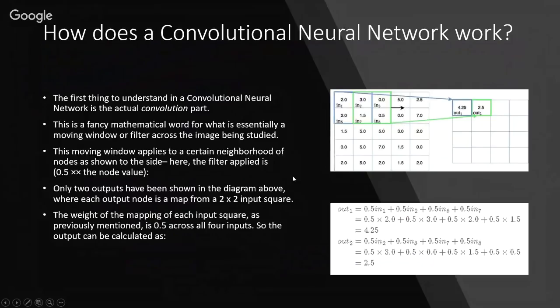The moving window applies to a certain neighborhood of nodes as shown in the slide. Here the filter applied is 0.5 times the node value. Only two outputs have been shown in the diagram, where each output node is a map from the 2x2 input square. The weight of the mapping of each input square, as previously mentioned, is 0.5 across all four inputs. So the outputs can be calculated, as you can see.